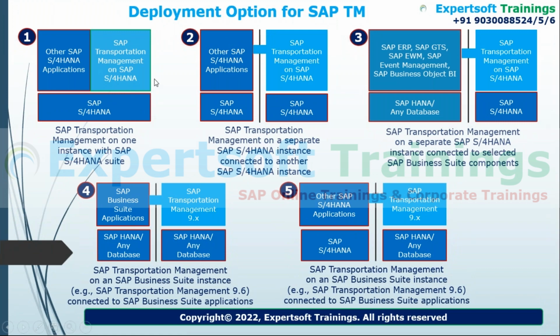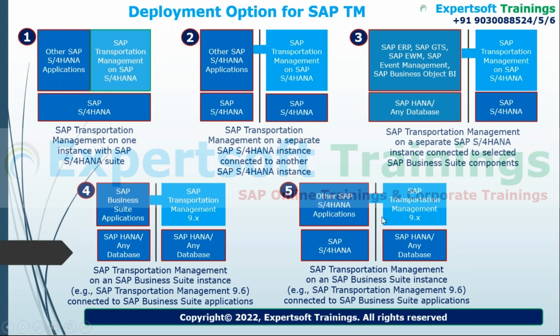This is a deployment option. You can have multiple variants, but ultimately the journey to S4 has to be there, because anyway you cannot live without S4. Now, to make it more simplified, generally we go for the embedded one. You can have options, sidecar also you can have. But for the purpose of costing, infrastructure saving, simplification, and having less manpower cost, we generally go for embedded.